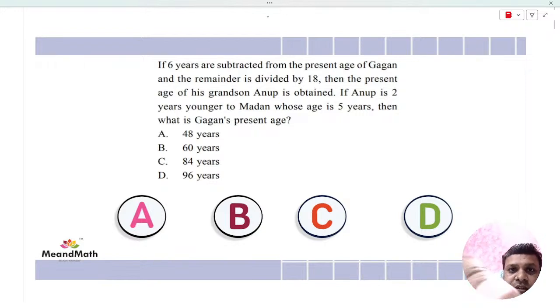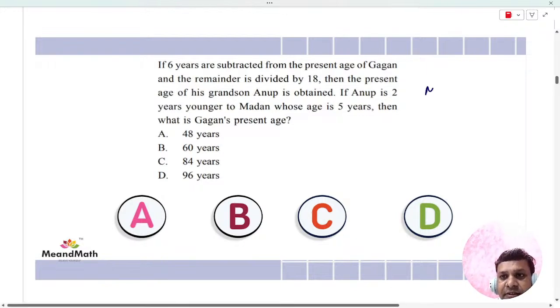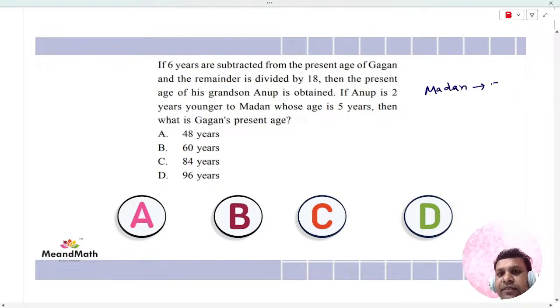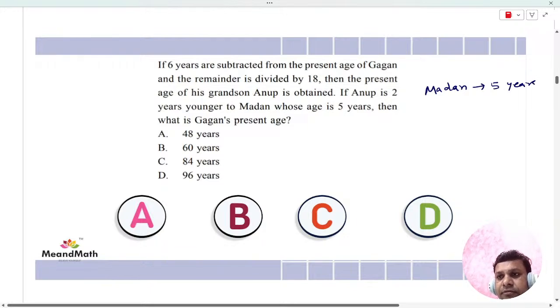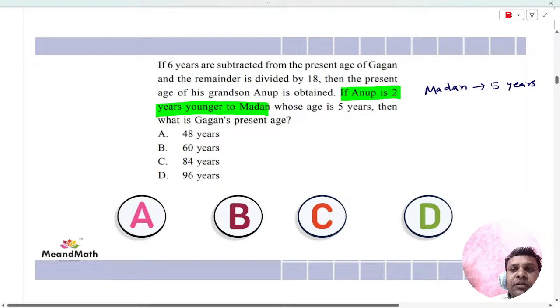Now we solve this question from the bottom. According to the question, Madan is 5 years old. Now, Anoop is 2 years younger than Madan. So Anoop will be 5 minus 2, which is equal to 3 years.